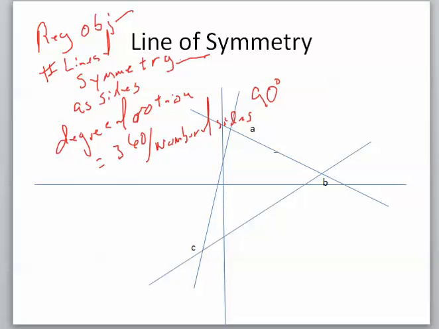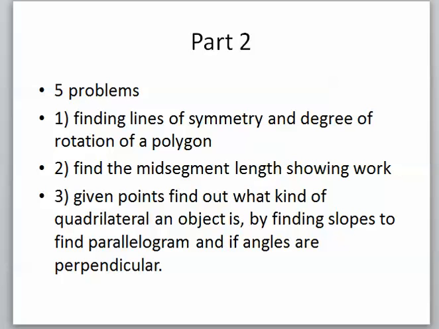Okay? So for part 2, I'm thinking there's either 3 or 5 problems depending upon what course you're in. First one is going to be to find the number of lines of symmetry and the degree of rotation of a regular polygon. I just told you how to find it. It's real simple. One of them is going to be to find the mid-segment length, and you got to show your work. You will have both triangle and trapezoid, so look at it very carefully.